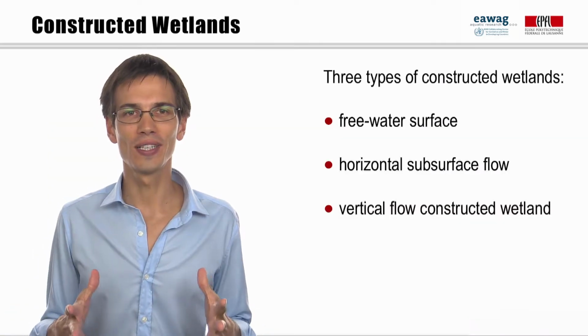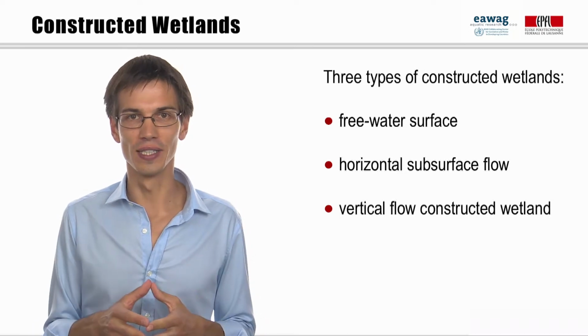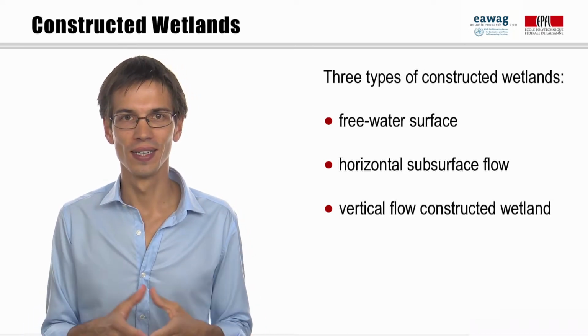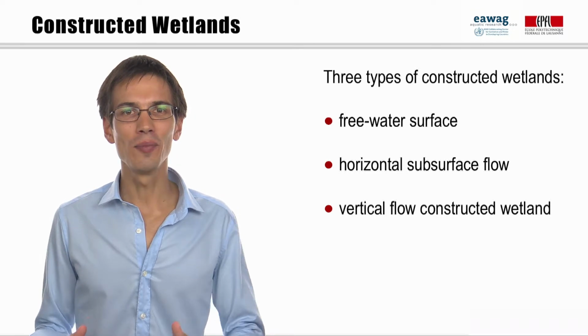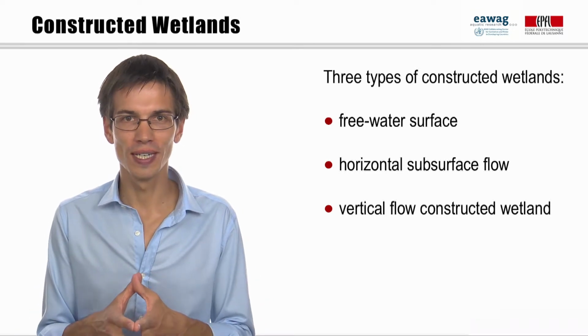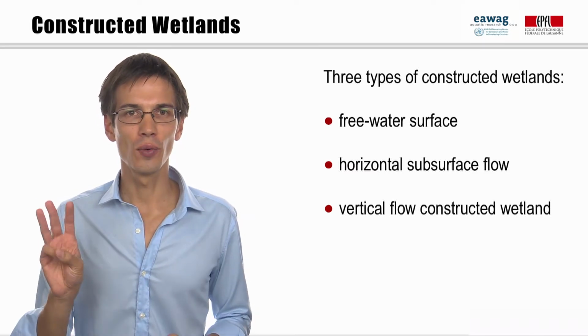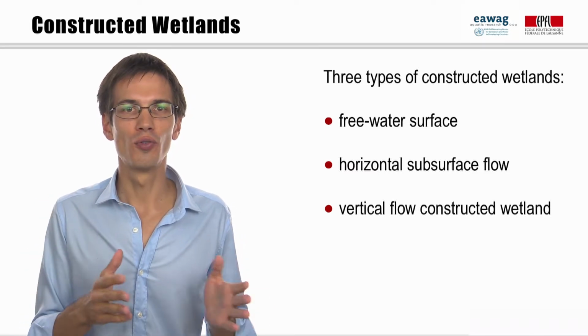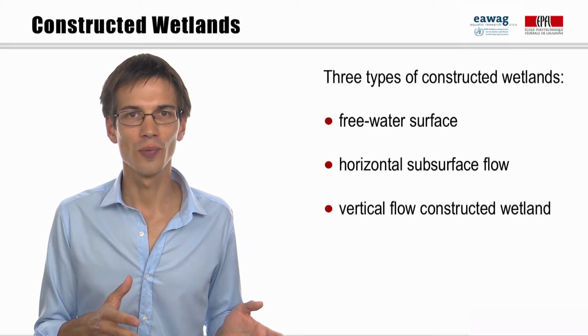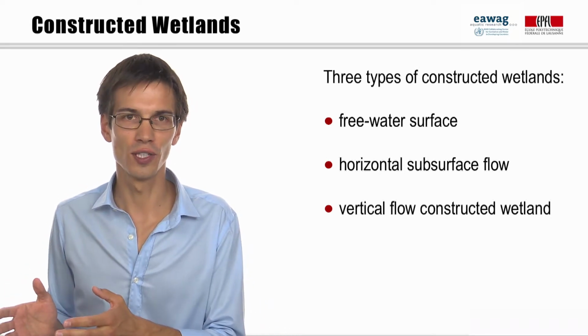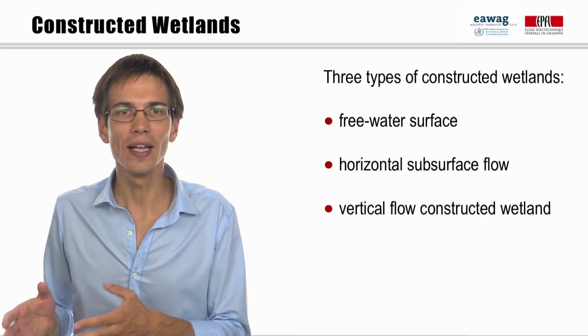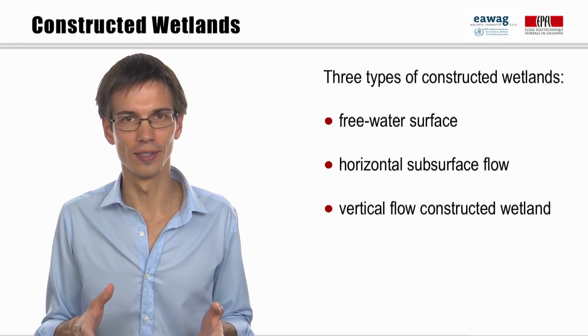We will now have a look at another family of treatment technologies, the constructed wetlands. Constructed wetlands aim to replicate the naturally occurring processes of a natural wetland, marsh, or swamp. We distinguish three types: the free-water surface constructed wetland, the horizontal subsurface flow constructed wetland, and the vertical flow constructed wetland.